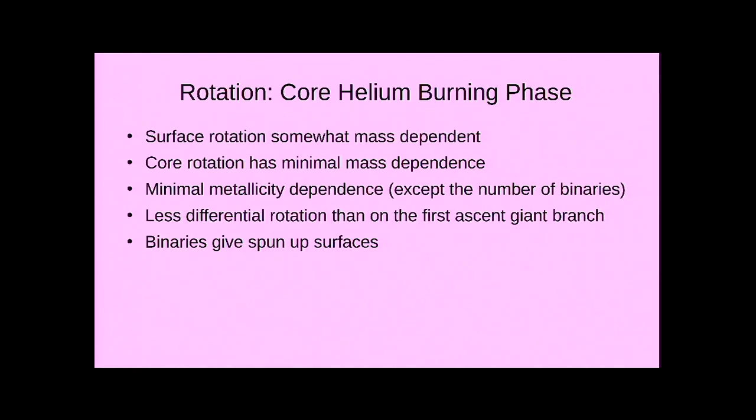So they started out decoupled, they recoupled on the main sequence, they decoupled on the giant branch, they recoupled during core helium burning, and then perhaps they decouple again during the AGB phase. And so it seems like core burning cores are coupled, and I don't really know what the physics of that means, but it probably tells us something about the mechanisms that are transporting angular momentum in the interior. And then we know that binaries will spin up the surfaces of some fraction of these stars.